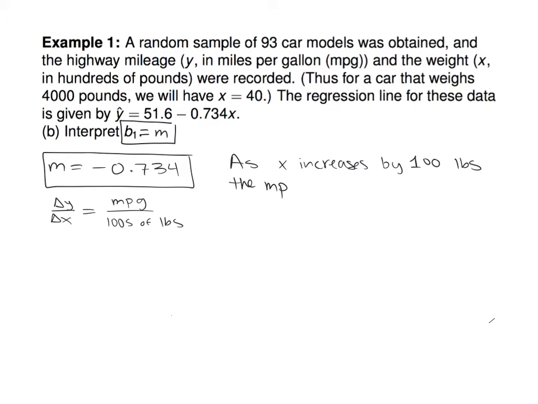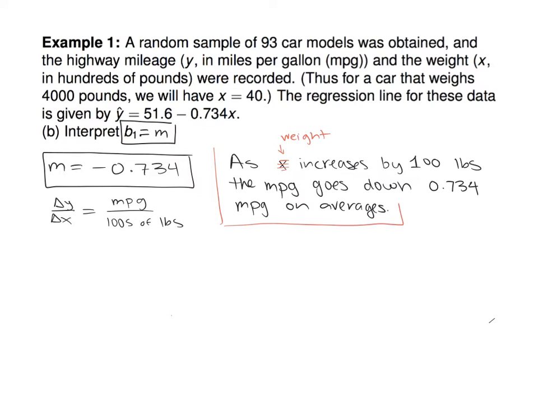The MPG goes down 0.734 miles per gallon on average. And I guess we shouldn't say as X increases, let's actually be even more explicit. Let's say as weight increases, because technically X does increase by 1, but that's the same thing as saying the weight increases by 100 pounds.